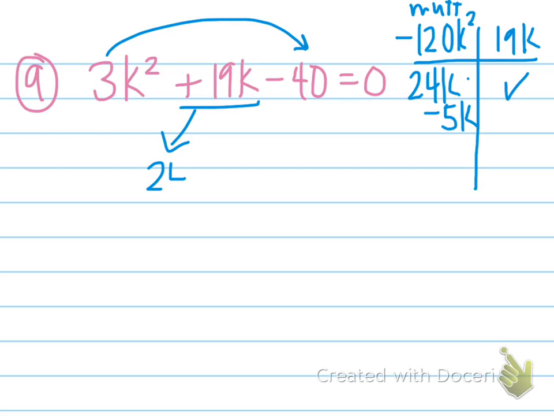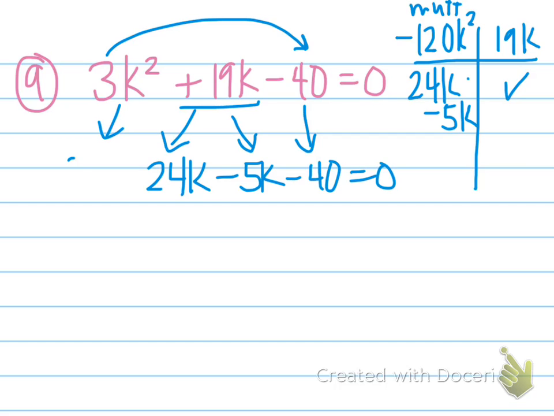So we're going to rewrite 19k as 24k minus 5k, and once again leave the beginning and the end terms exactly the same as they are. Now, is there a GCF for this problem that we didn't find yet?